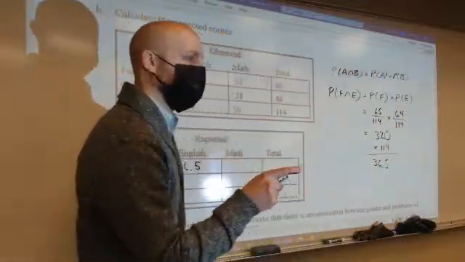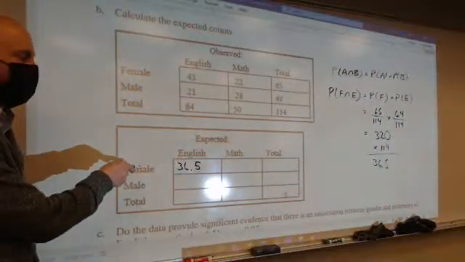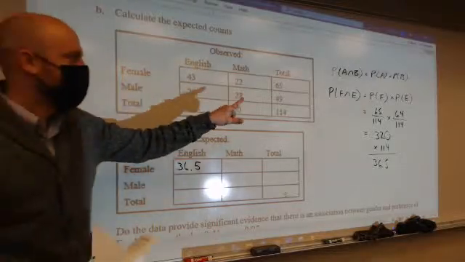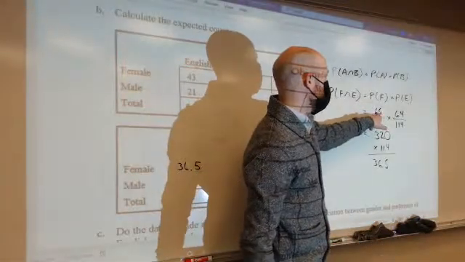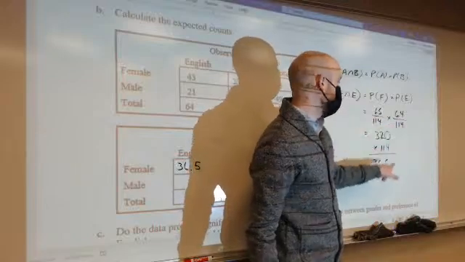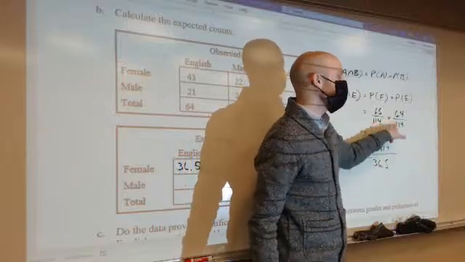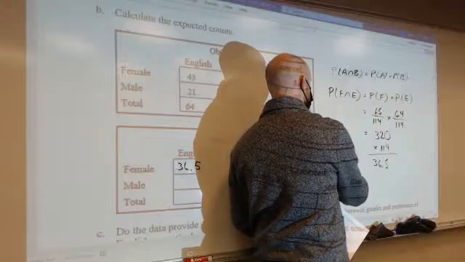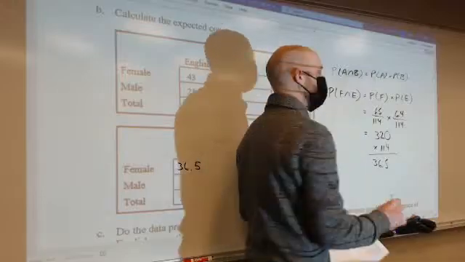Or there's a shortcut to find these. If you look at what we did here, we did 65 times 64 divided by 114 divided by 114 times 114. So actually you cross off one of these 114s, and it turns out to be row times column divided by total.